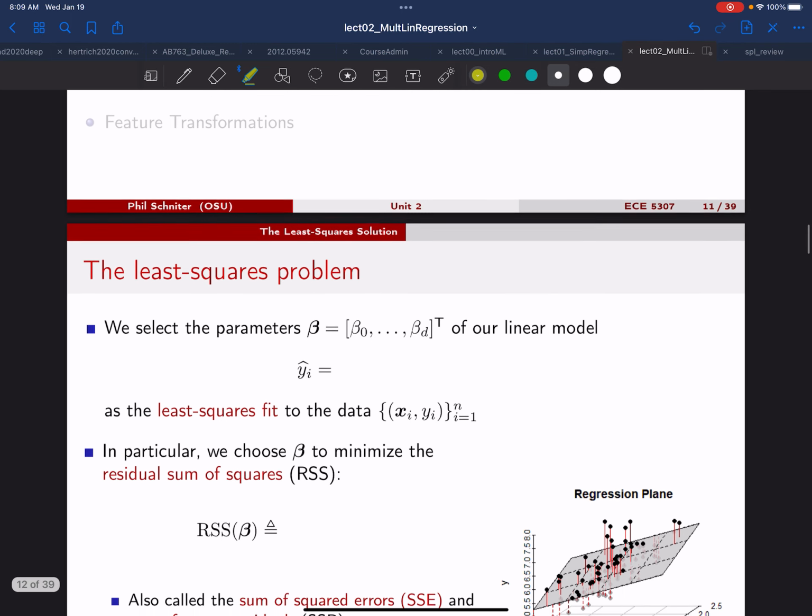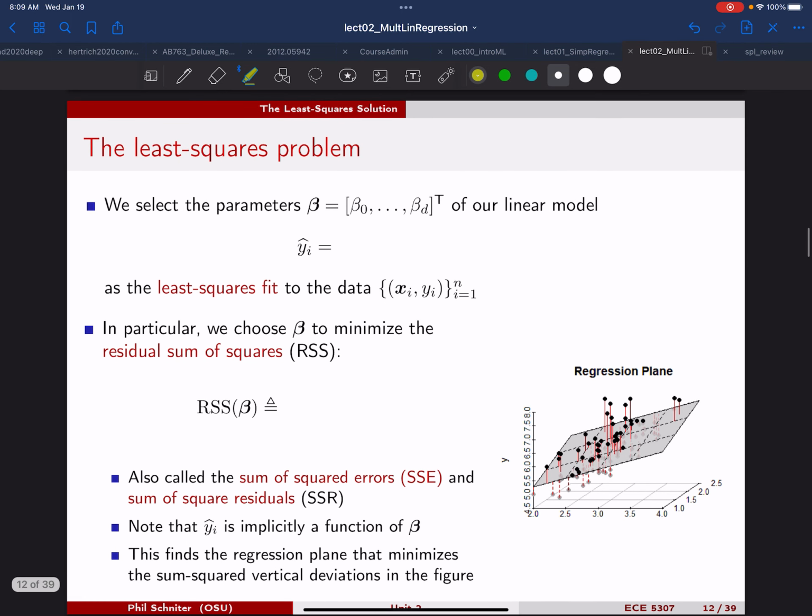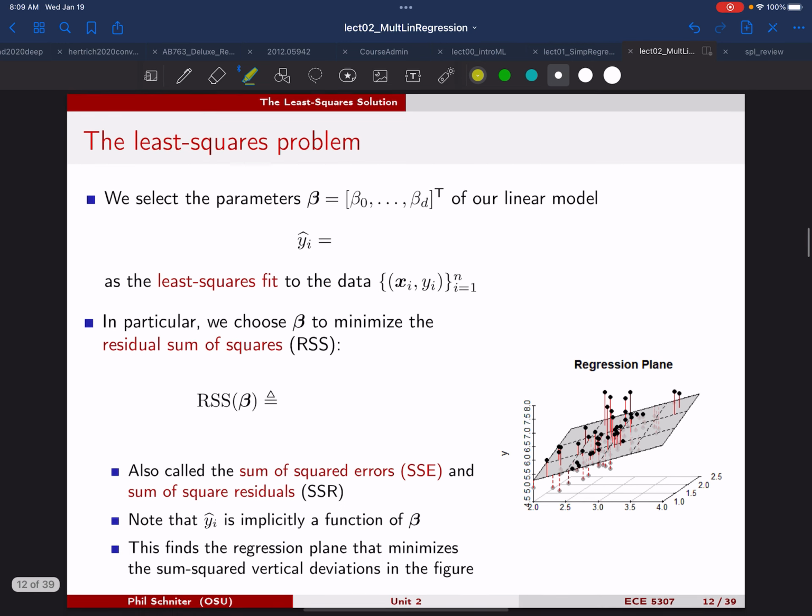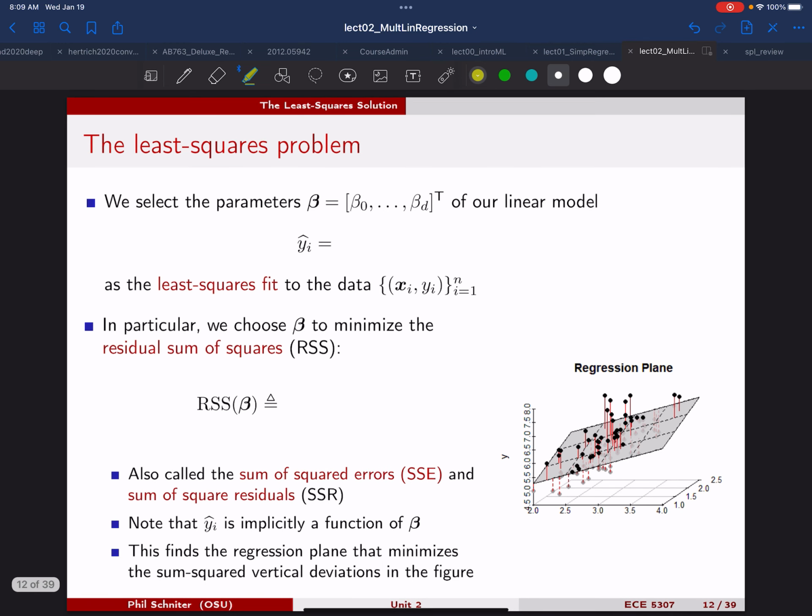So let's get into the details of how we fit those parameters beta to our model. It's going to be very similar in spirit to what we did in the last unit, but it's going to involve multiple different features now. So again, if I want to make a prediction of the ith training target, yi, I'm going to call that yi hat. Hat means prediction.